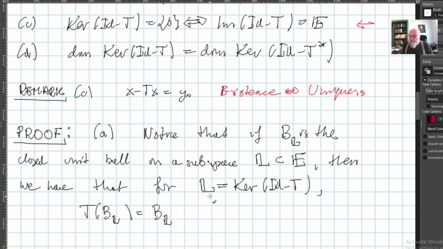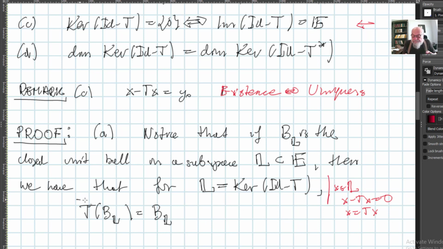So that means that for every x belonging to L, we have x minus Tx is equal to 0, so x is equal to Tx. In a certain way, you see this acts like identity.